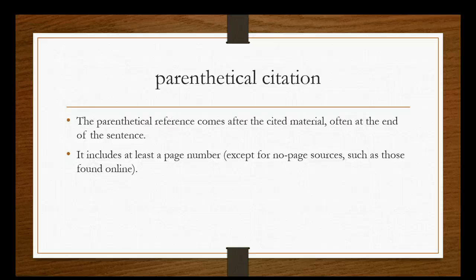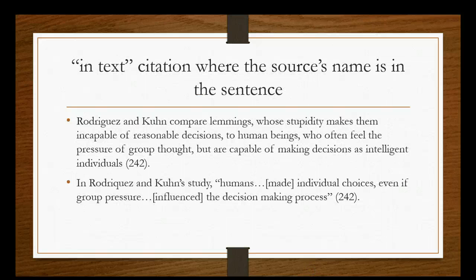The parenthetical citation comes after the cited material, often at the end of the sentence. It includes at least a page number, except for no-page sources, such as those found online. But let's start with sources that have page numbers and see what it looks like. You'll see in both of these examples, the 242 comes at the end.